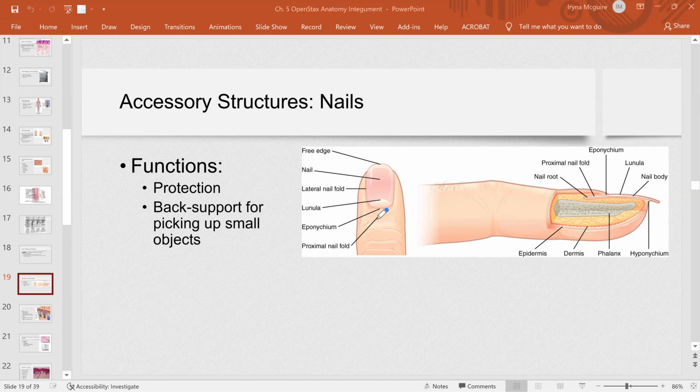This is a fold of the skin, right, that holds your nail in place. So we have lateral fold, we have proximal fold, and lunula, and free edge, the one that you trim a little bit if you choose to do so.